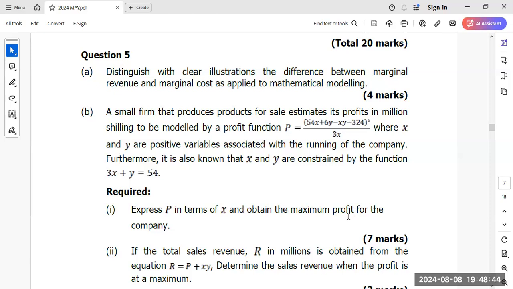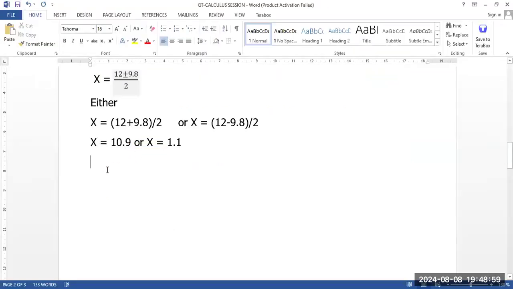Here we have two values of x which are positive. And in such a situation, it means that you have to proceed and do the next step.